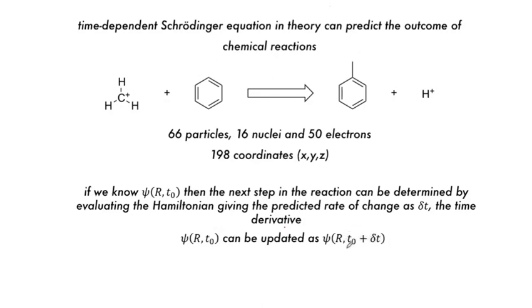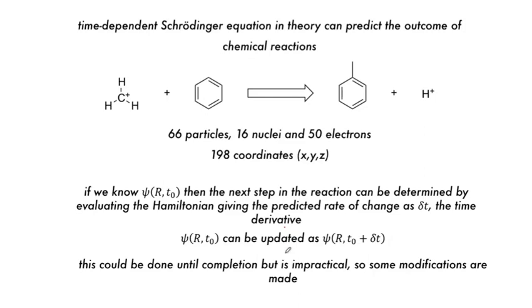So we start with time 0, our initial position, and then we can have the wave function as it evolves over time: 1 second, 2 seconds, 3 seconds, 4 seconds, that sort of thing. This could be done until completion, but it's impractical. So modifications have to be made. It's impractical because we just don't have the computational power to even evaluate this system.